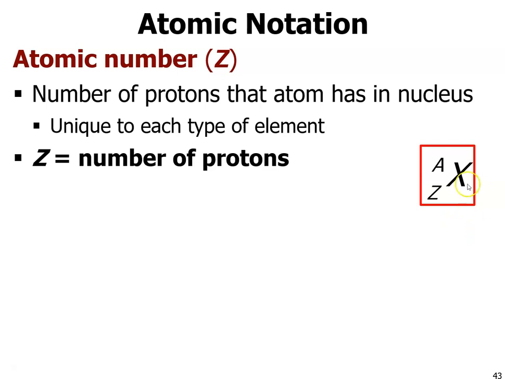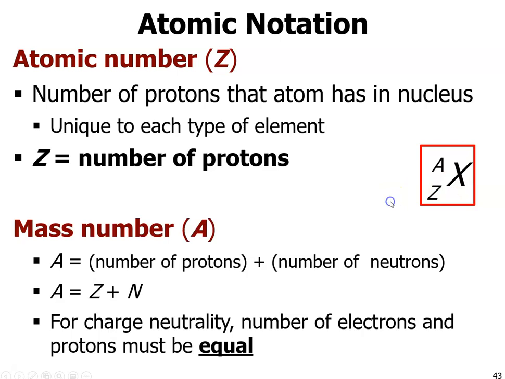These X and Z, those terms are always going to match. If you change the value of Z, then the value of X has to change. These two go hand in hand. They always have to be the same number, goes with the same symbol. The mass number, on the other hand, up here on the top, tells us the number of protons plus the number of neutrons.